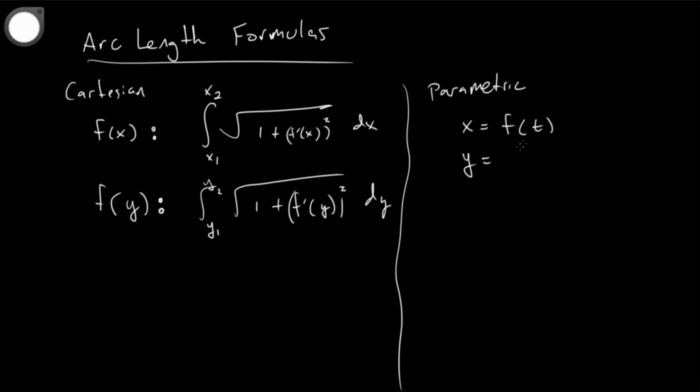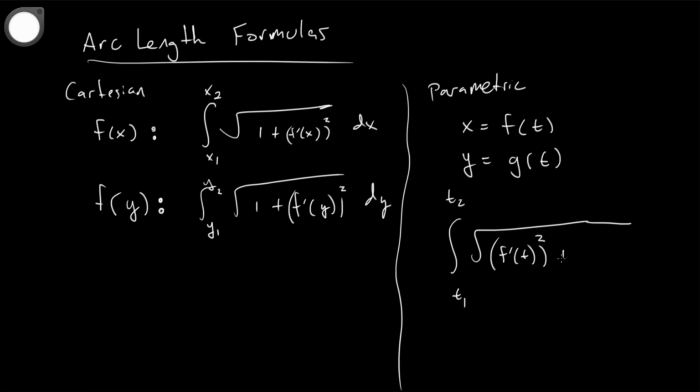The x function being f of t, the y function being g of t, the arc length of this set of parametric equations from some value t1 to some second value t2. We have the derivative of the x function squared plus the derivative of the y function, quantity squared, dt. Can't forget, these squares are popping up everywhere.